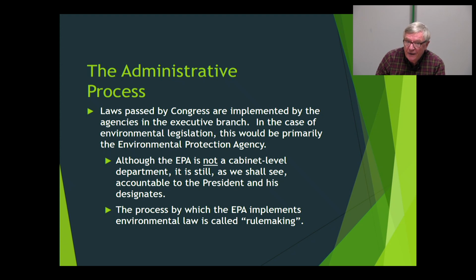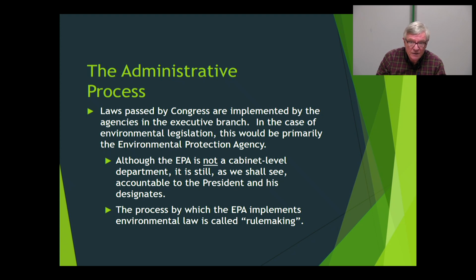Now, the EPA, interestingly enough, is not a cabinet-level agency. Boy, you sure would think it is, right? If Homeland Security is a cabinet-level agency, combining all these other agencies, why is EPA not? EPA is not a cabinet-level agency because, frankly, EPA is controversial. There are lots of people, businesses, and large organizations who oppose much of the work that the EPA does.